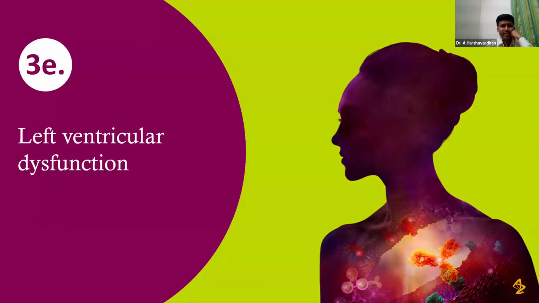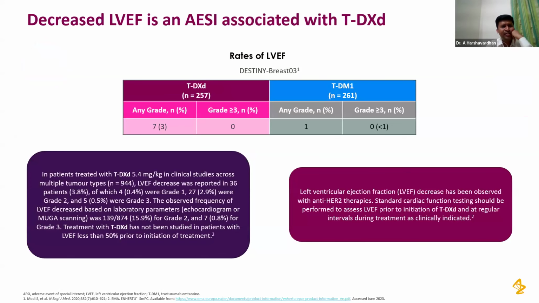So coming to the next side effect, left ventricular dysfunction. LVEF decrease was reported in 36 patients, that is around 3.8%, which were grade 1 and grade 2. And very few, 0.5%, were grade 3.